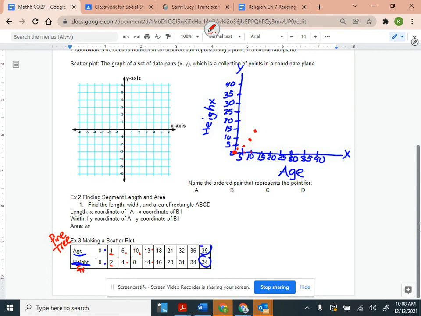Shh, friends. 18 years old is going to go up to 16 feet. 21 years old, it's 23 feet. 32 years old would be 31 feet. 36 years old would be 34 feet. And 39 years old would be 34 feet.